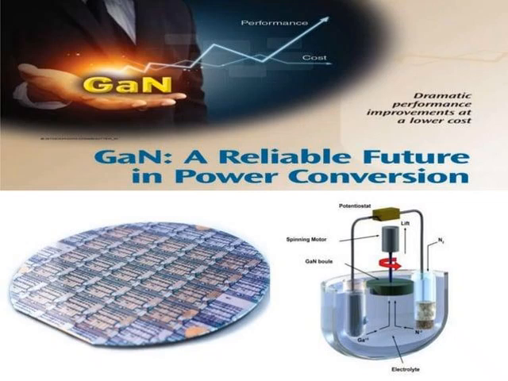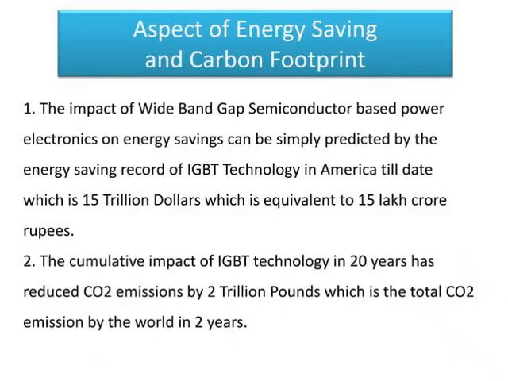Gallium nitride and silicon carbide are a new technology that is helping us achieve very huge performance with less cost. Renewable energy sources like solar and wind energy are useful, but their cost is not that affordable, so we are going for gallium nitride and silicon carbide. So what are all the aspects of energy saving and carbon footprints?